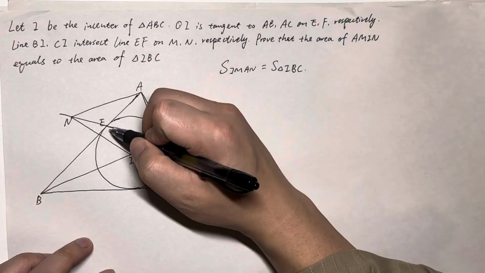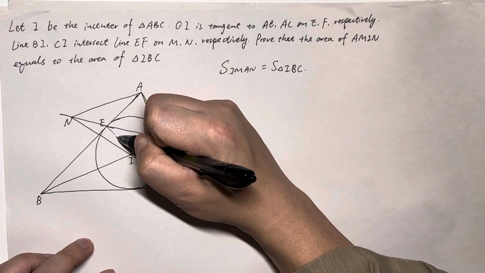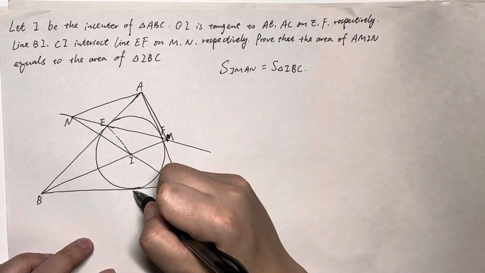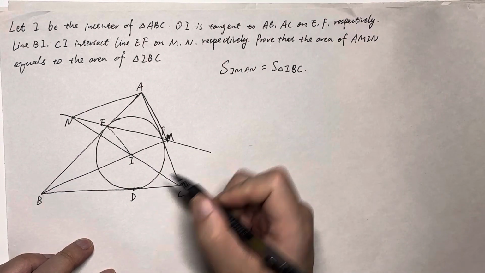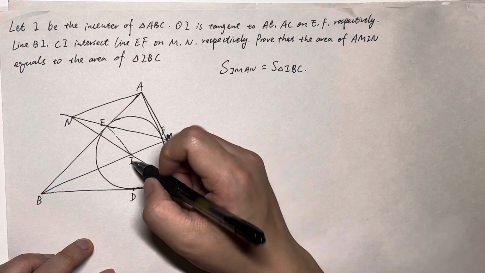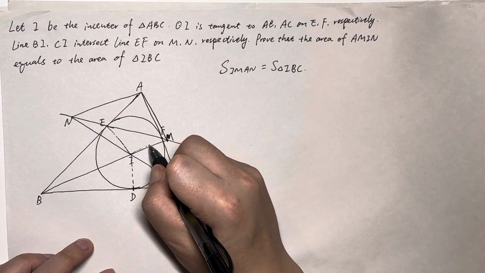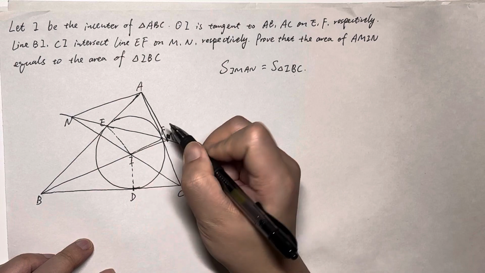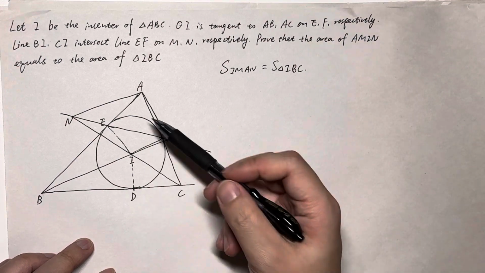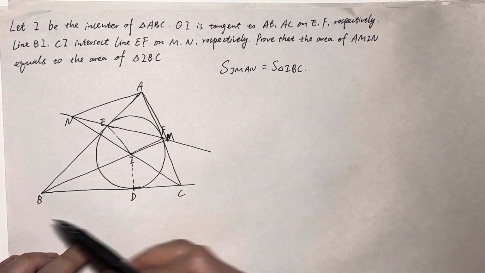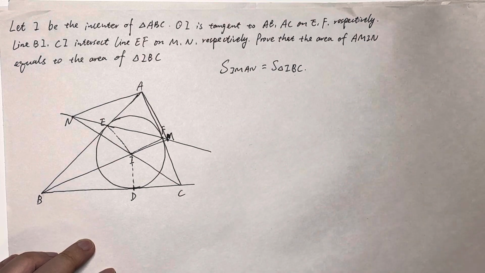We know that IE, and if I call this tangent point D, so ID and IF are perpendicular to AB, BC, CA respectively, right?